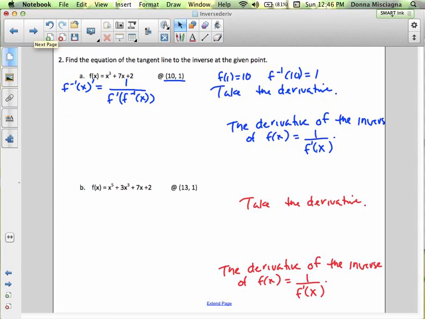To the inverse at the given point. I don't know if that's the point on the inverse or the point on the function. So if it's the point on the inverse, then the point on the original function would be f of 1 equals 10. We'll just go with it. That's the point on the inverse. So we're plugging in 10 for x.